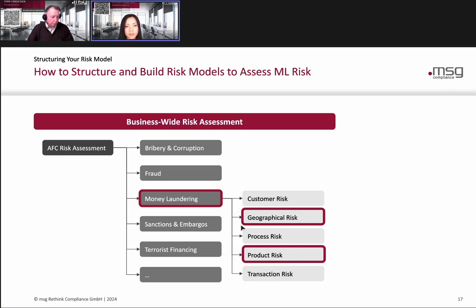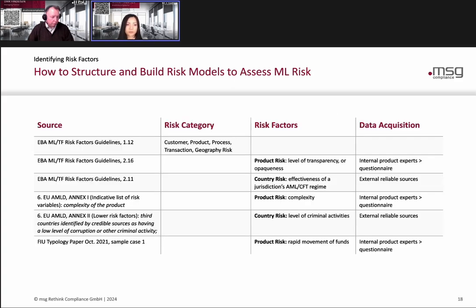And looking at these two examples of geographical risk and product risk, I have put some exemplary sources where you can get all these risk factors from. Of course, these are just very obvious sources. You have a lot of experience and knowledge in your own organization. You understand how money laundering is conducted, so you understand what the real risk factors are.